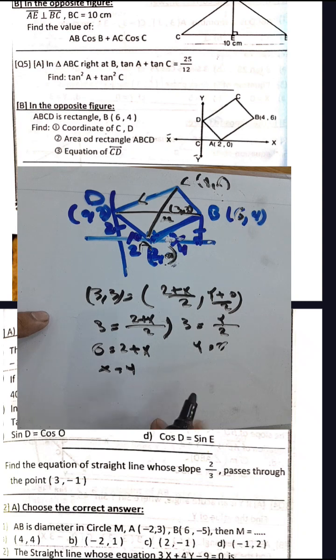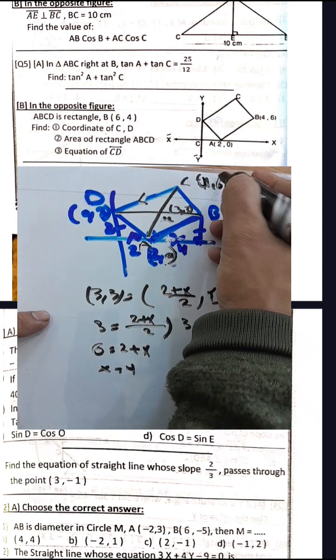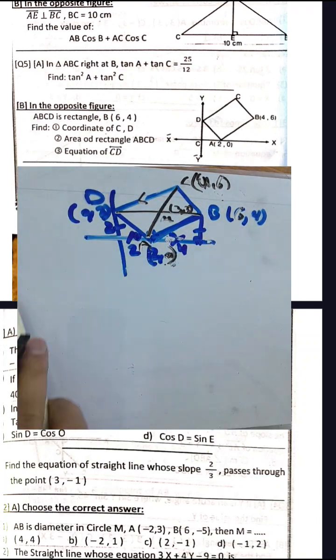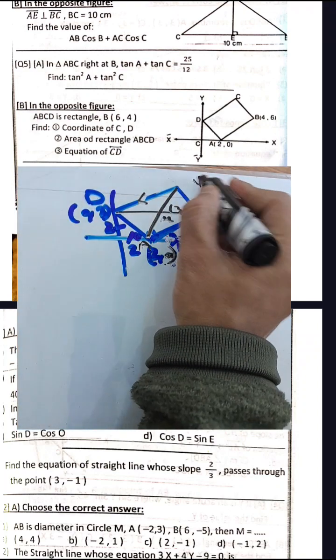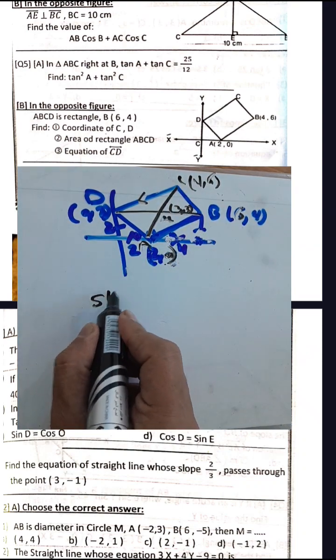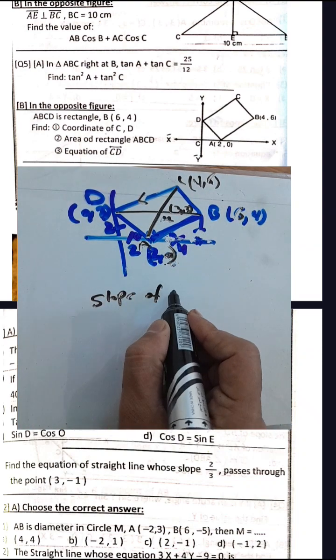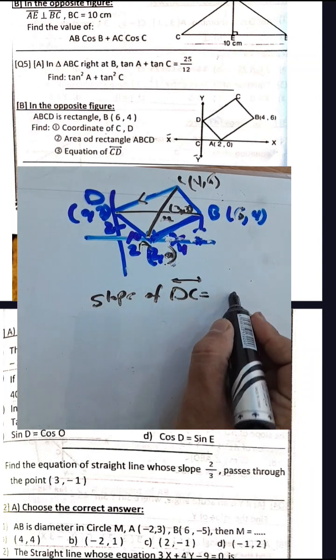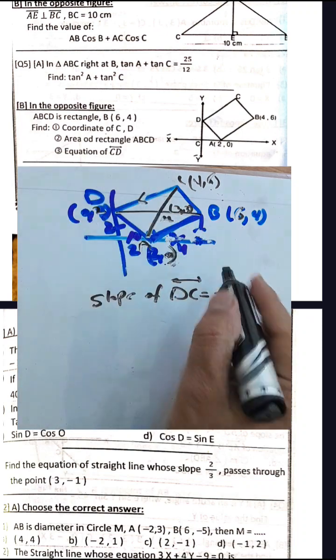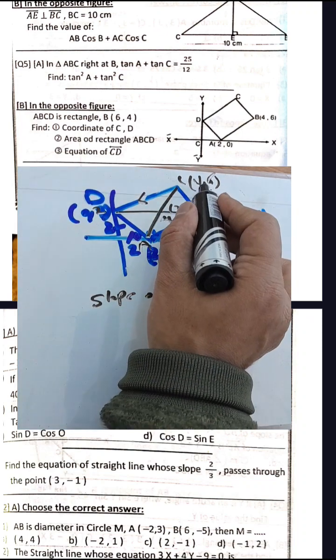Okay, 4 and 6. Then you can find the equation of straight line DC. It was 4 and 6. Then we can find the slope of DC. 6 minus 2, here, okay, y2 minus y1, 6, 2 over x2 minus x1, 4.